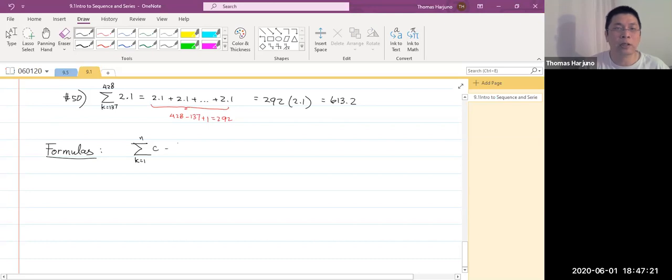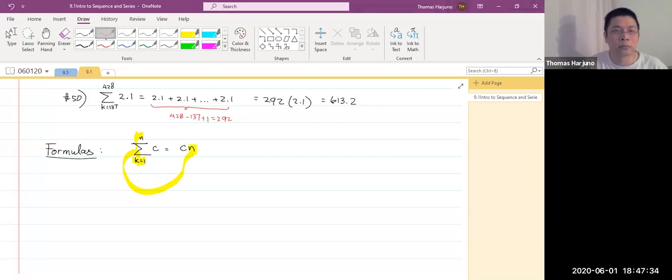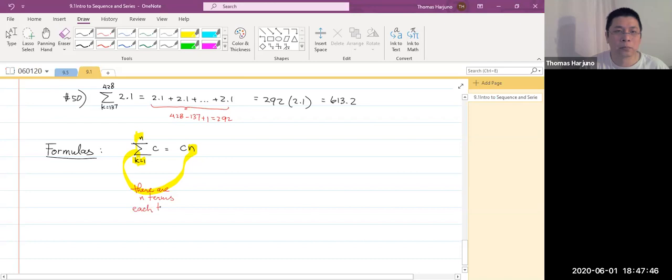That will be c times n, because there are n terms. Each term is c.